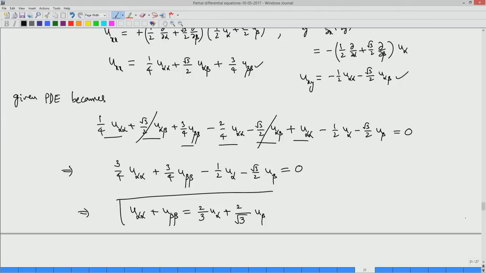So this is what the equation becomes. This is the canonical form. This is the elliptic canonical form.